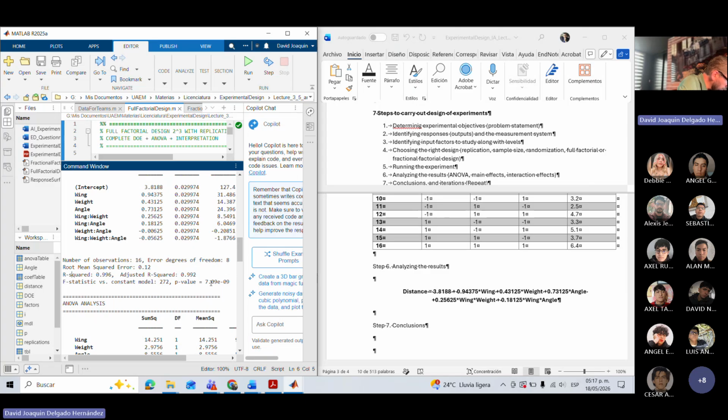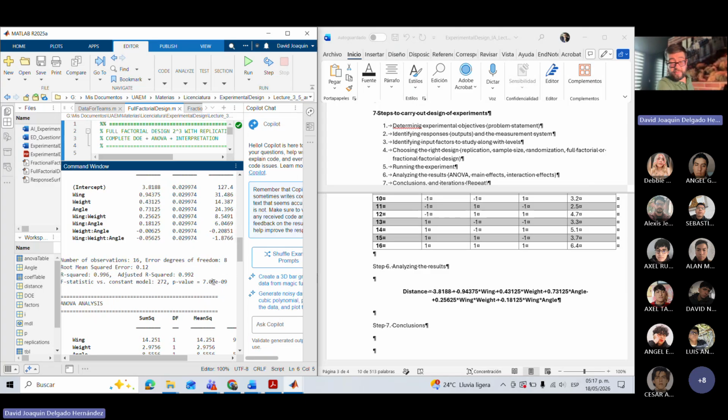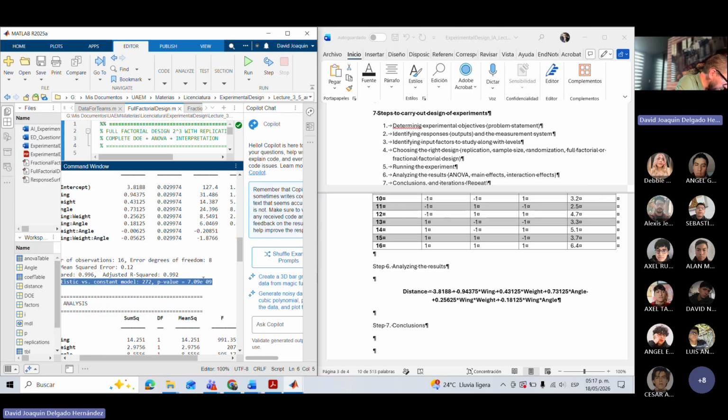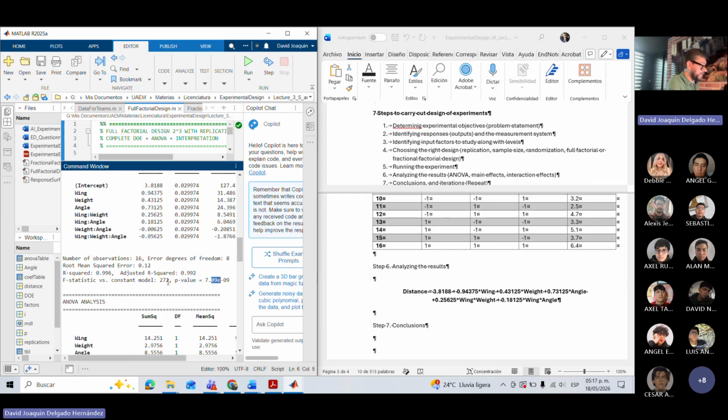And the p-value is much lower than 0.05, which means that this is a very good model for predicting the distance based on the 16 experiments that I carried out. That is the interpretation of this table.